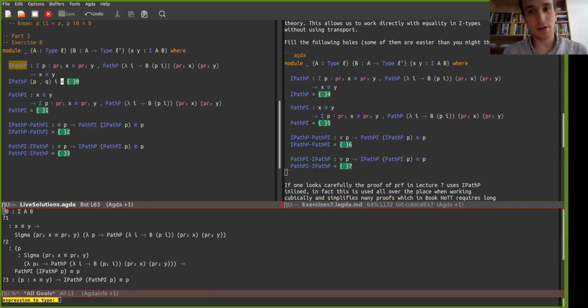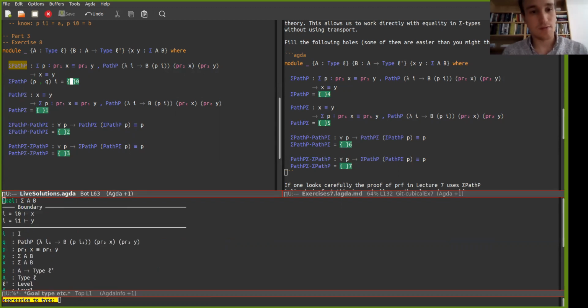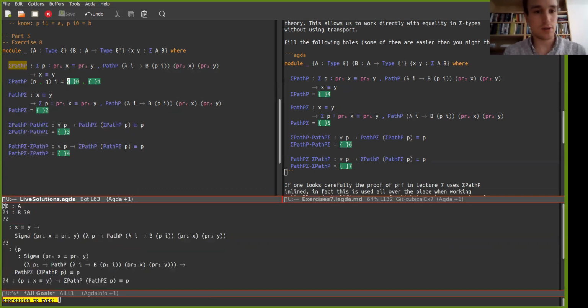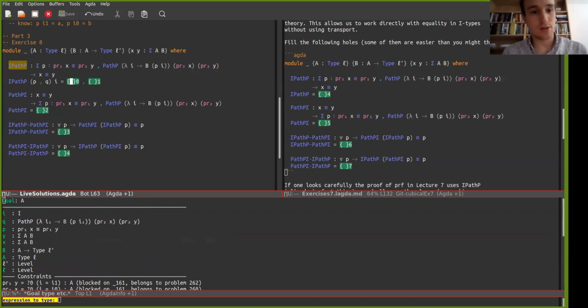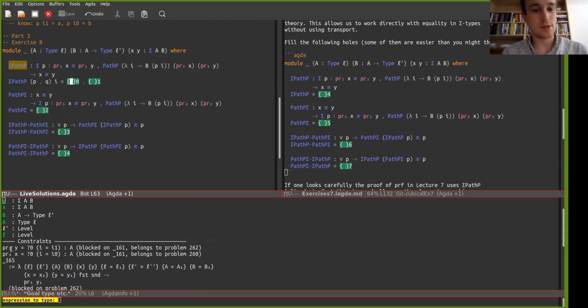So I here, get something on the boundary. We have to give it a pair. And this is something of type A, such that the following constraints are satisfied. This just becomes first projection of y at 1 and first projection of x at 0.